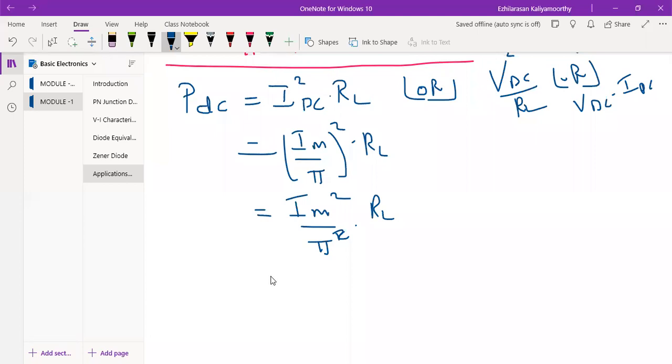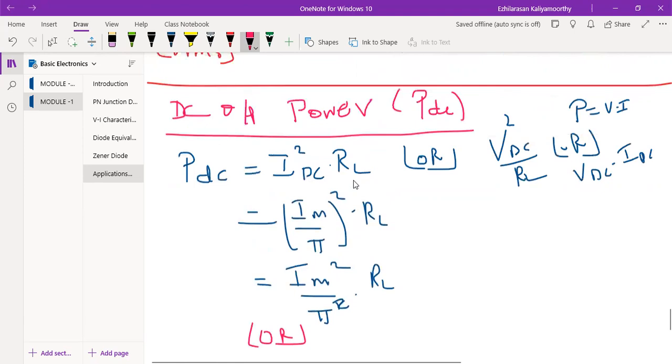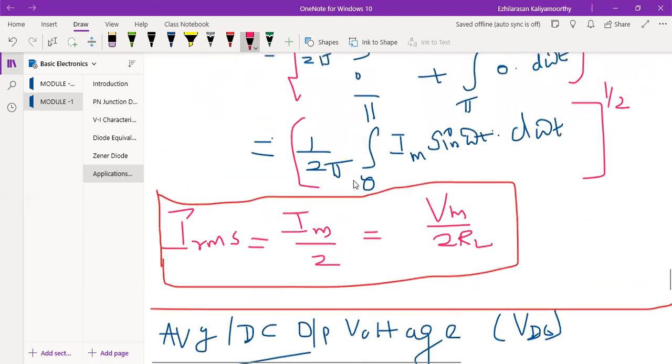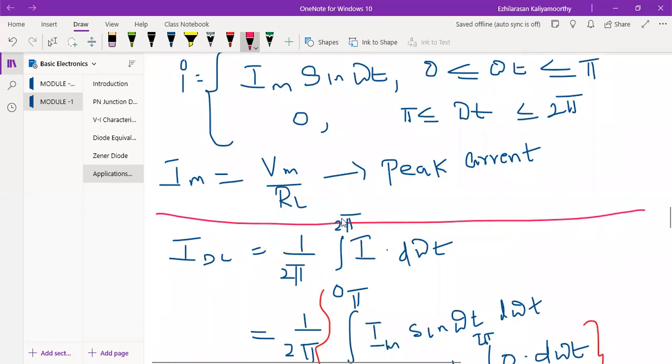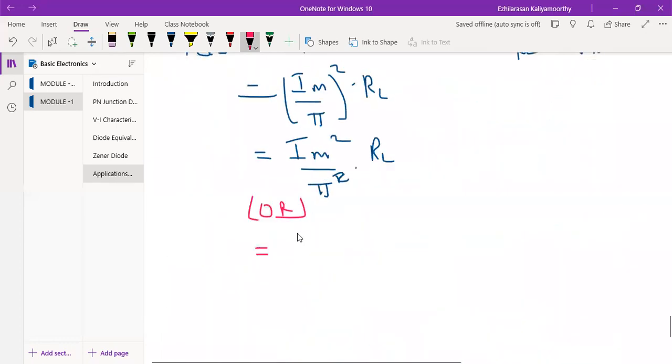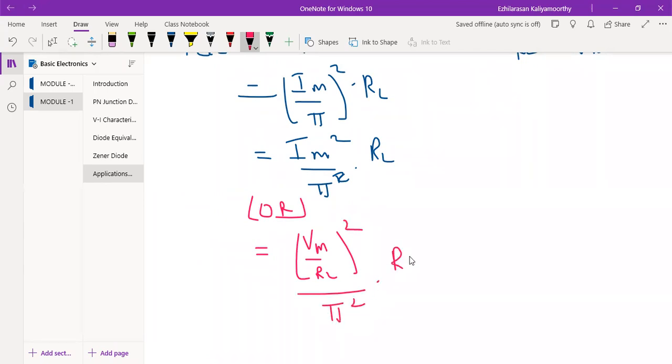Now, if I want to write in terms of VM, what is IM? IM is nothing but VM by RL. So VM by RL, the whole square, divided by pi square into RL.